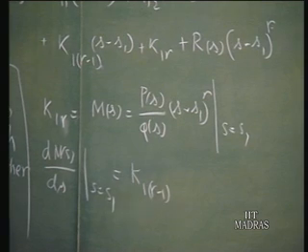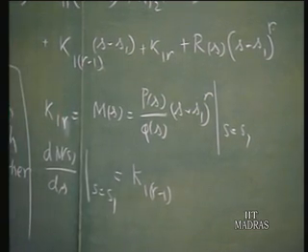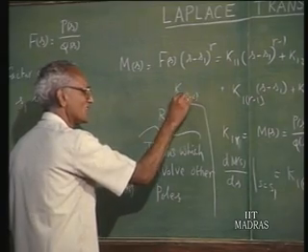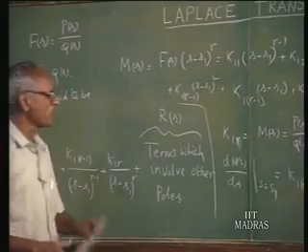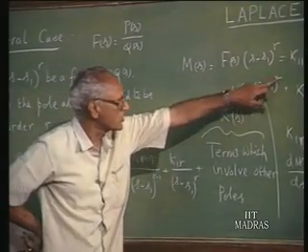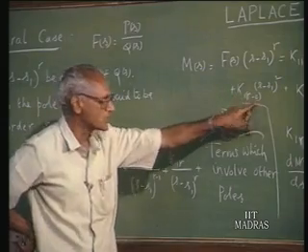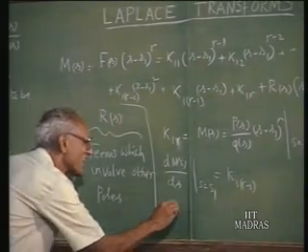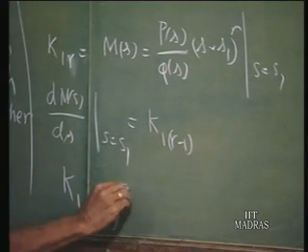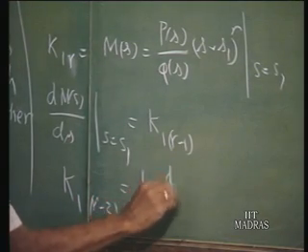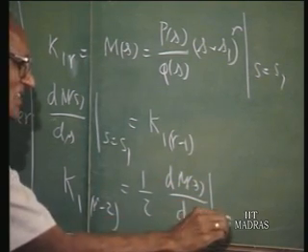Now suppose you take the second derivative, then the previous term will come. The previous term here, you recall, will be k1(r minus 2) times s minus s1 whole squared. So when you take the first derivative, you get 2 times s minus s1. When you take the second derivative, it will be 2 times k1(r minus 2). Therefore k1(r minus 2) will be 1 upon 2 times d2m over ds2, substituting s equals s1.